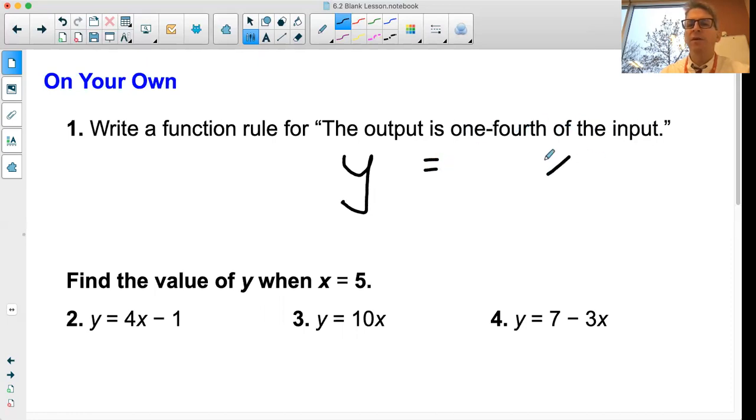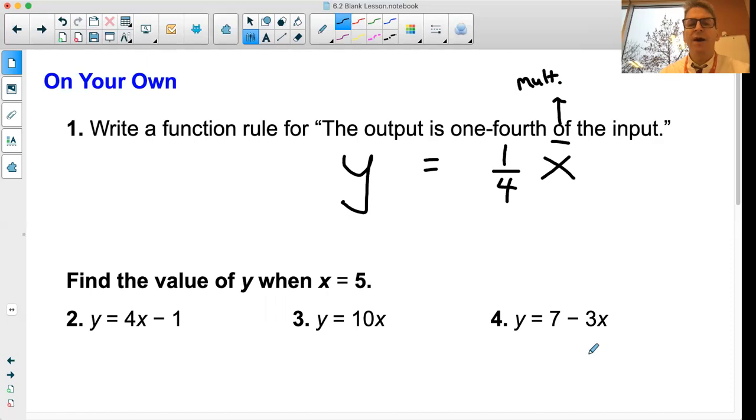If the input is x, 1/4 of that would be 1/4 times x. In general, mathematics has a tendency to become multiplication. So remember that, is would be equal sign, of would be multiplication.